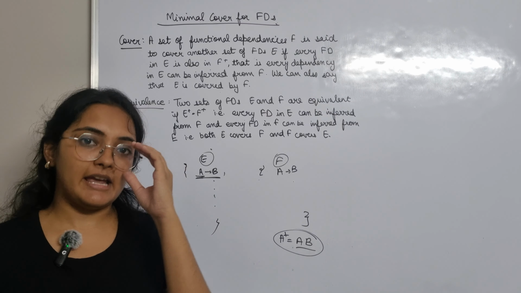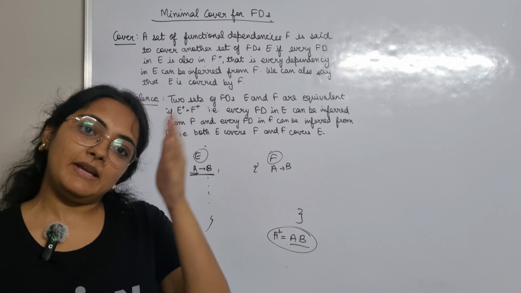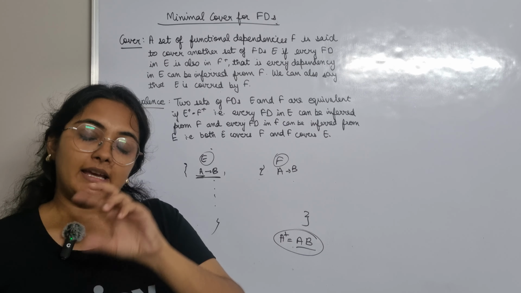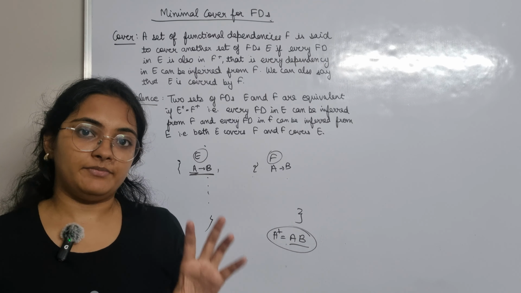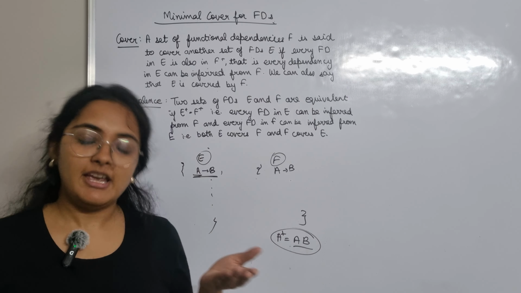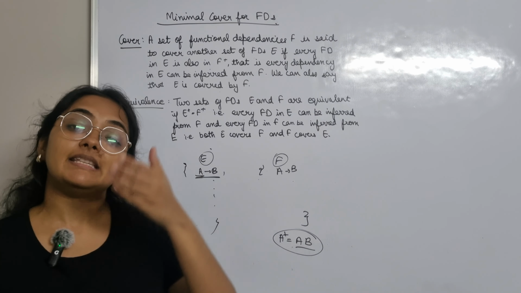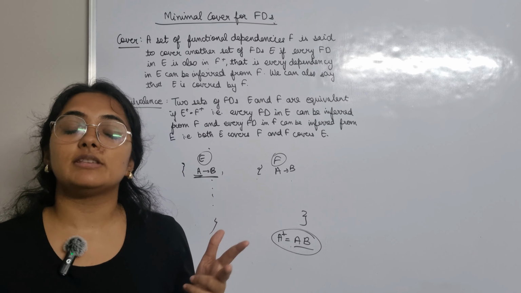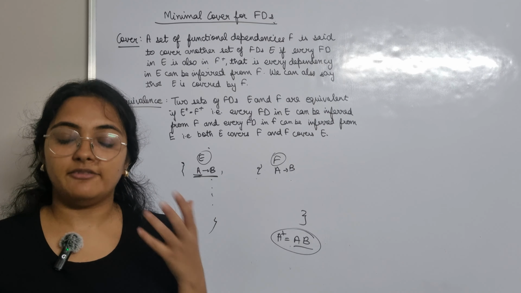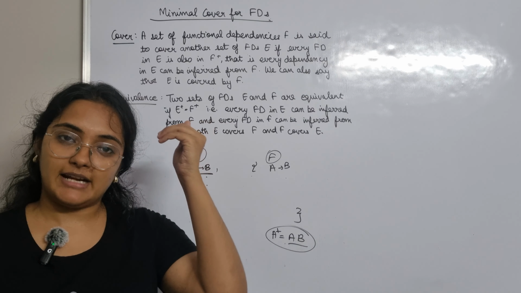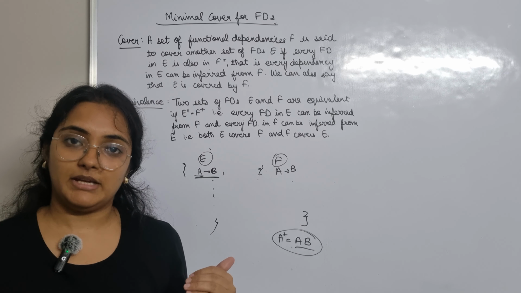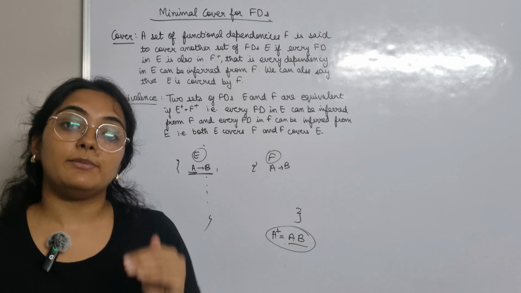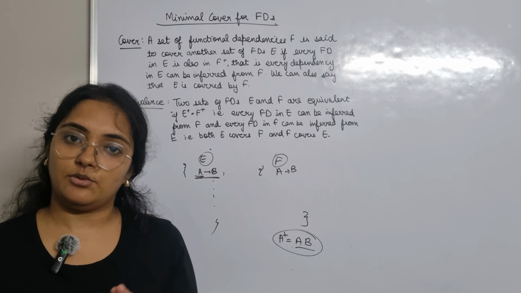It means that every dependency that is included in E can also be inferred from F, and every dependency that is in F can also be inferred from E, which means E covers F and F covers E. When both of these happen, then we say that these two sets of functional dependencies are equivalent, which means the set of all dependencies that include E as well as those that can be derived from E, and the set of dependencies that include F as well as those that can be derived from F, are equal.